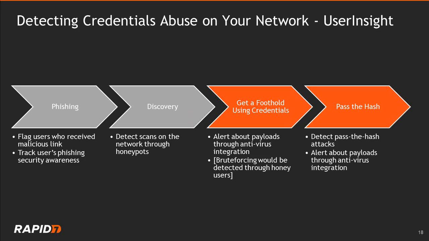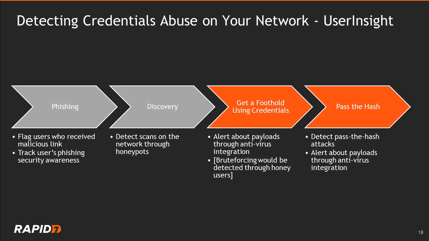We have a product at Rapid7 called User Insight that plays in the incident detection and response space. I just wanted to walk you through where this product could hook in and actually help you flag a malicious user on your network. So first of all, in the phishing stage on the left, you can flag users who receive malicious links.